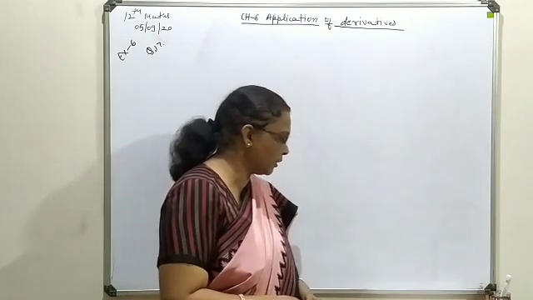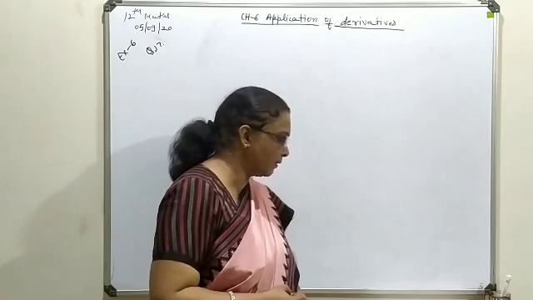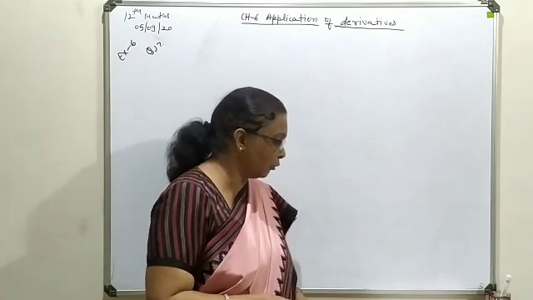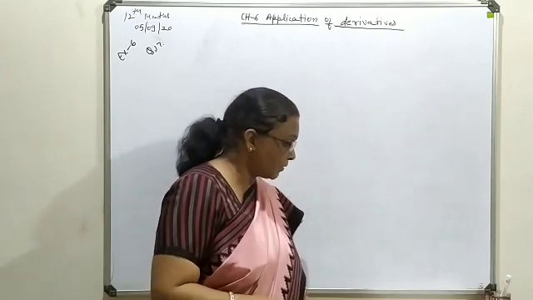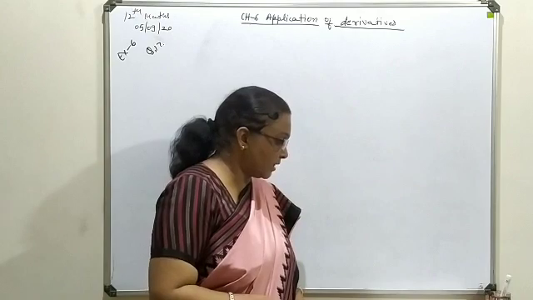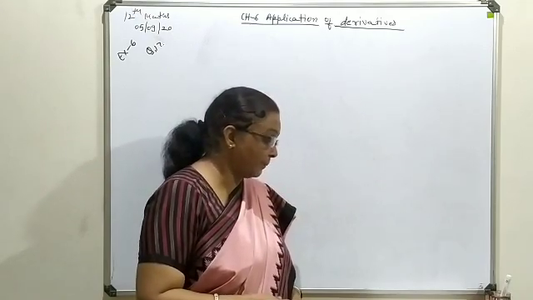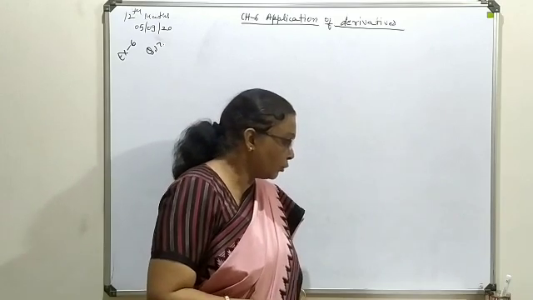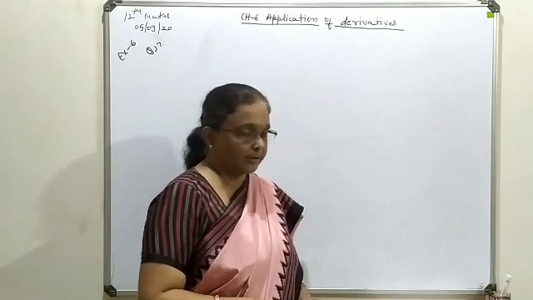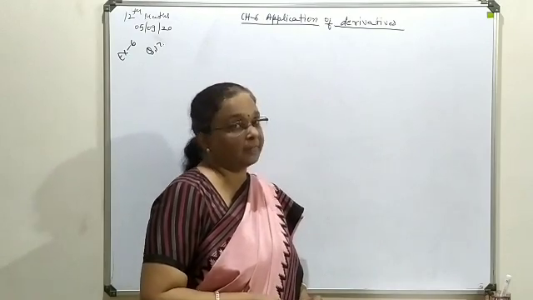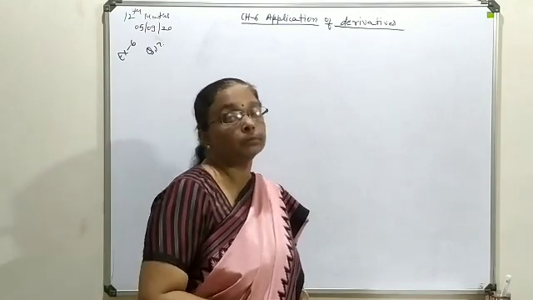In question number 17, it is to be shown that the height of a cylinder of maximum volume that can be inscribed in a sphere of radius capital R is 2R by root 3, meaning h, the height of the cylinder, is 2R by root 3, and we have to find its volume also. Here, in place of a cone, a cylinder is being discussed.